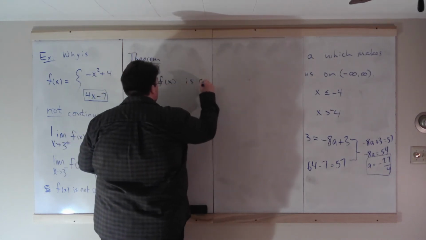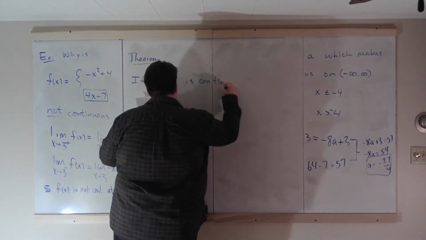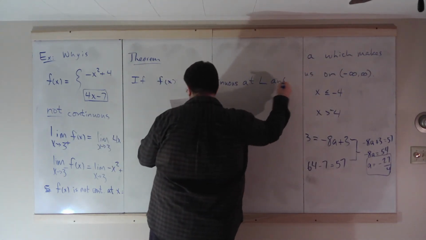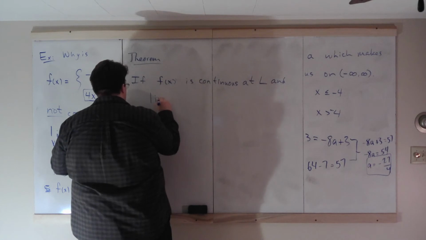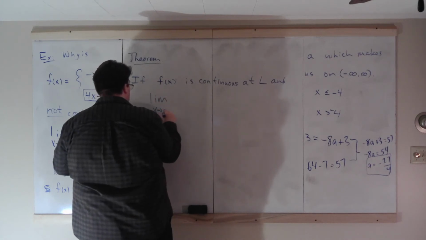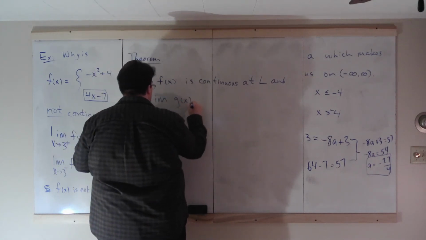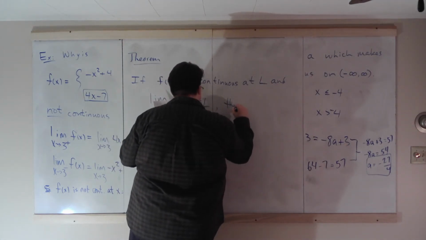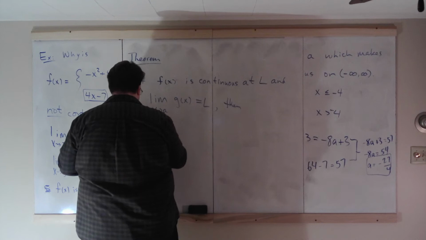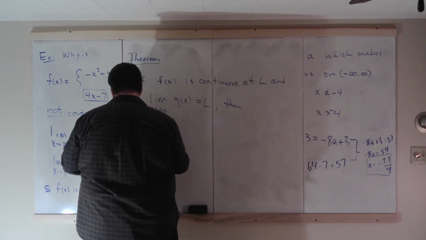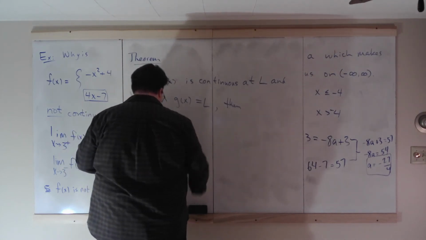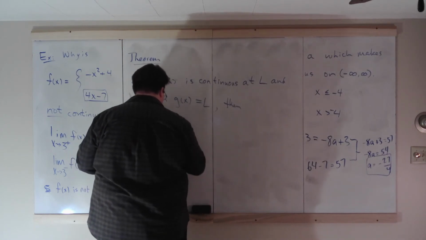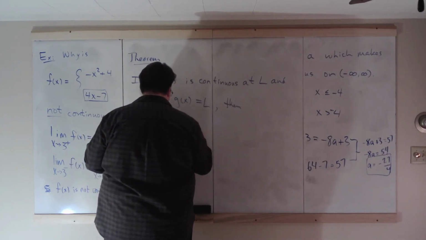If f of x is continuous at L and the limit as x approaches a of g of x equals L, then the conclusion: the limit as x approaches a of f of g of x.